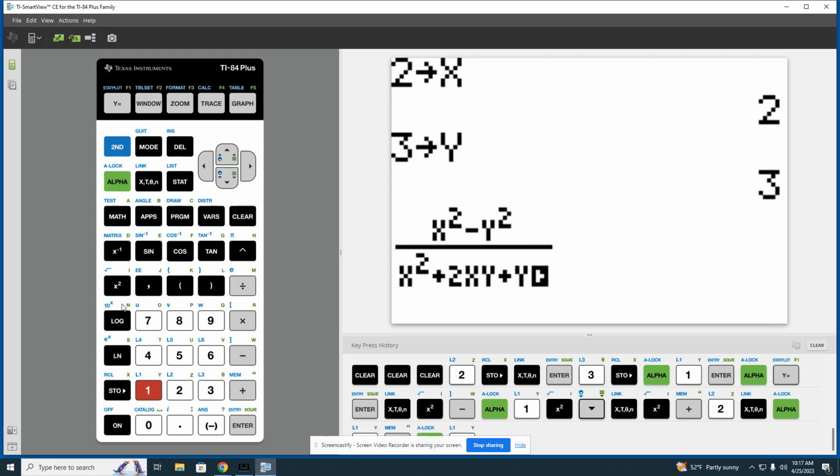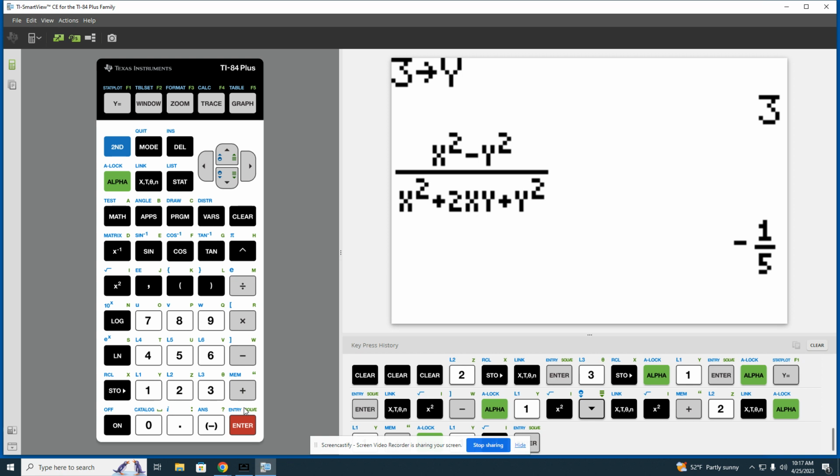And I know this is a little tedious typing all this in, but it's easy work, isn't it? So what's my goal value for these two values of x and y that Grace told me? -1/5. That's my goal value.